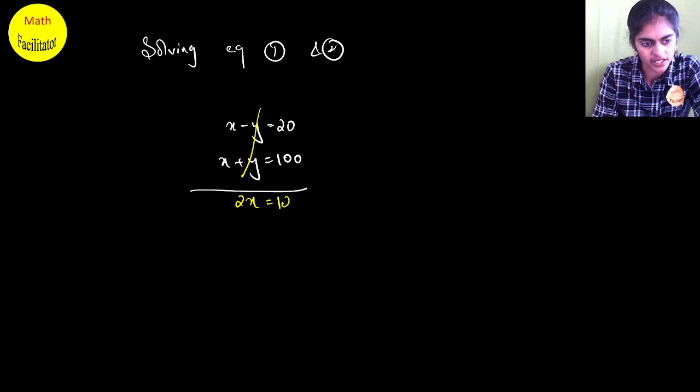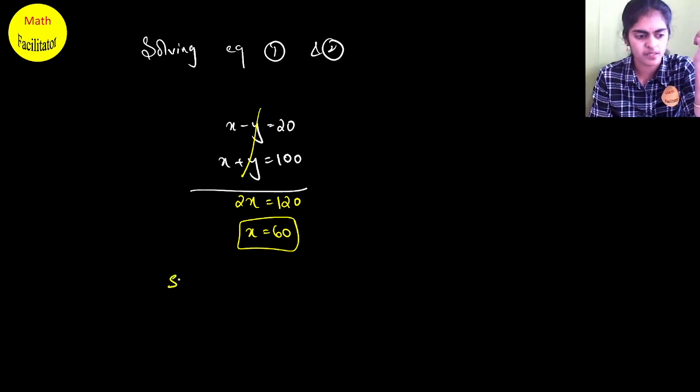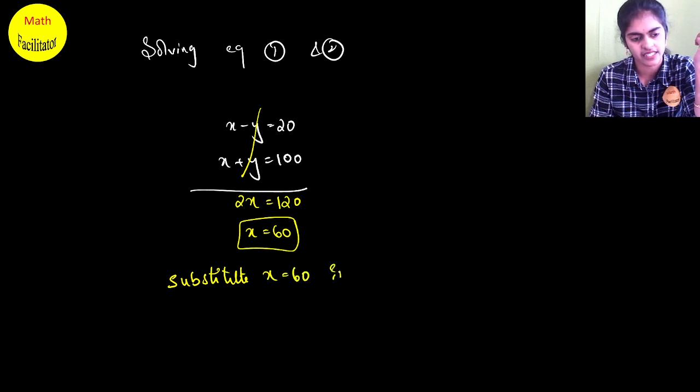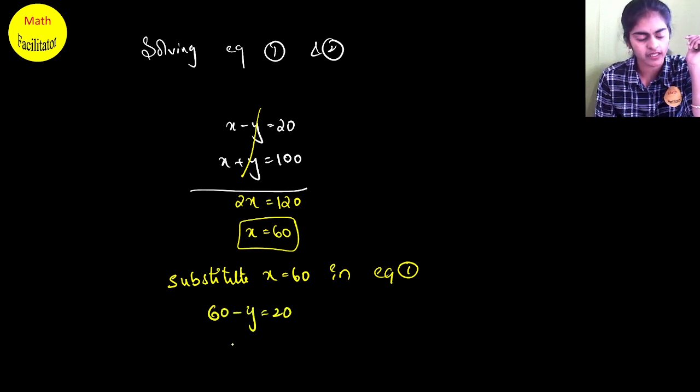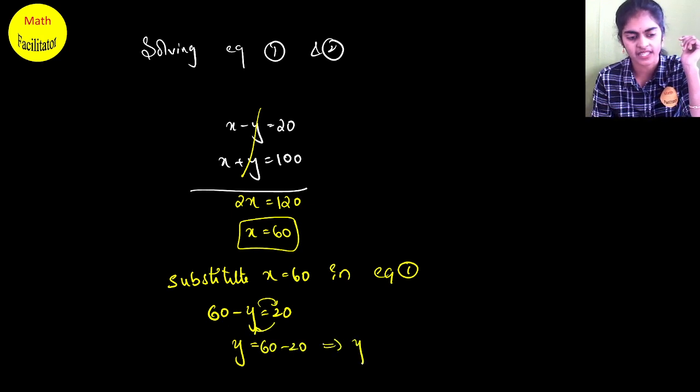So 2x equals 120, or x equals 120 divided by 2, which is 60. I got the x value, so substitute x equal to 60 in equation 1. So 60 minus y equals 20, or y equals 60 minus 20. So y is 40.